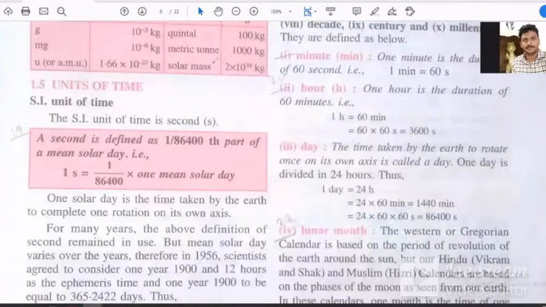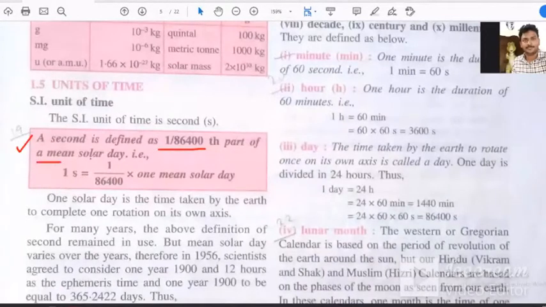So as you can see here, the SI unit of time is second, and the definition of second that you're going to write is this orange box. What this definition is about, they are saying that 1 second is 1 upon 86,400 part of a mean solar day.